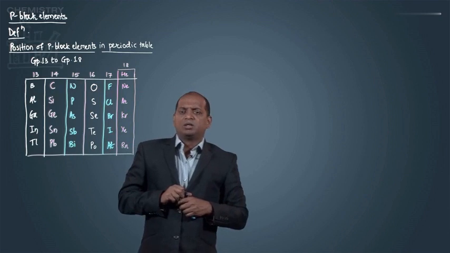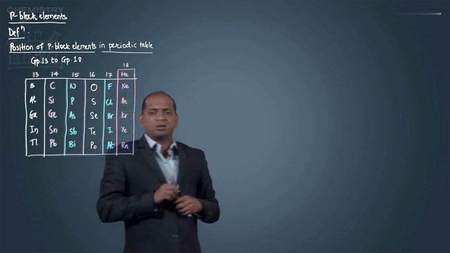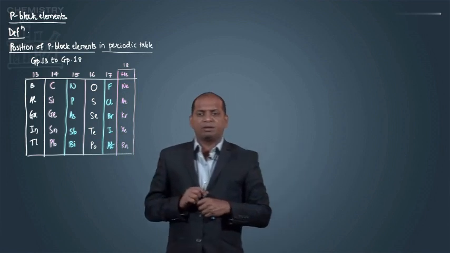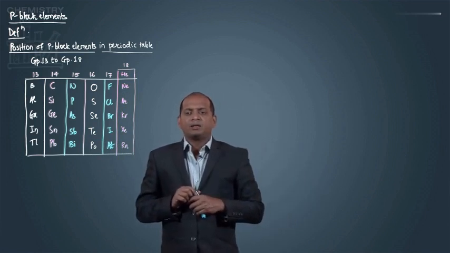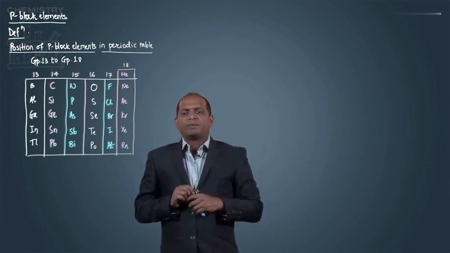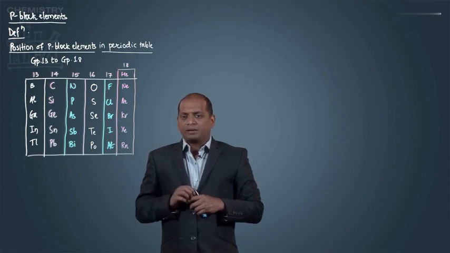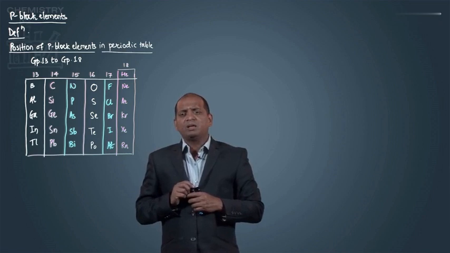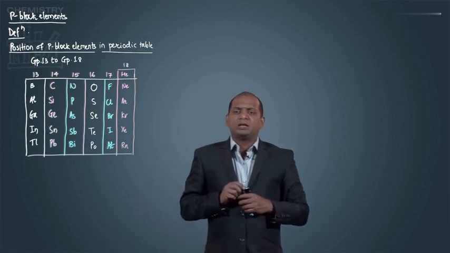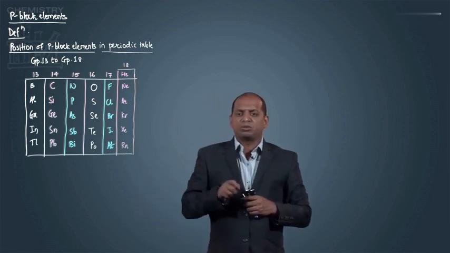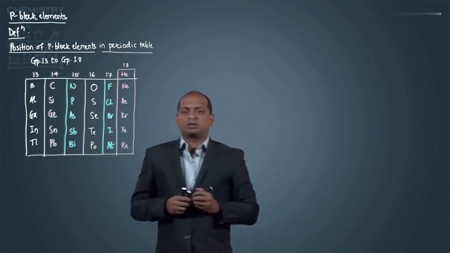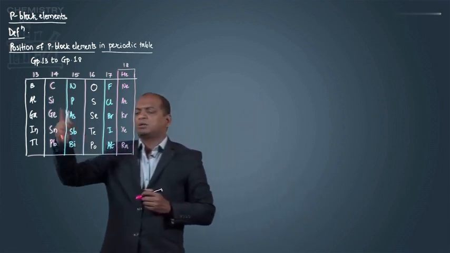We are going to discuss one by one each group, and at the same time we are going to compare among these groups also. But a very important thing, we need to understand the periodic properties for each group. So, the first group which we are going to discuss now is the boron family.